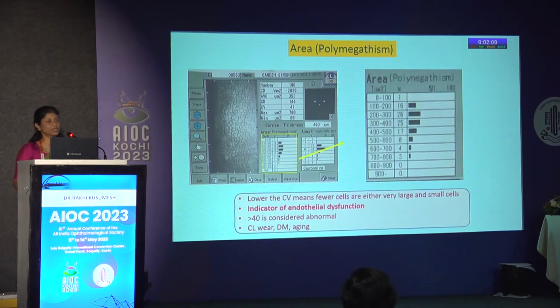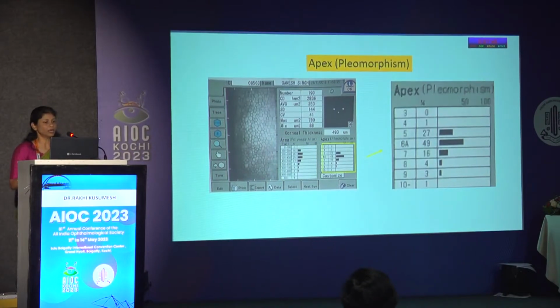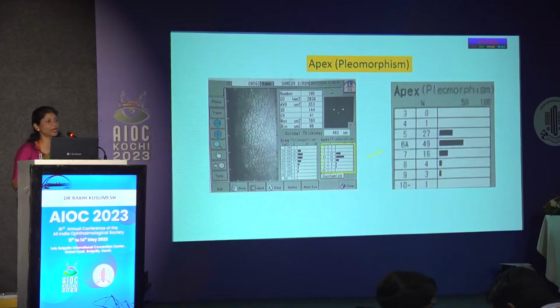If the cell area has a lot of variation from the mean cell area, the standard deviation is very high, and in that case the CV would be rising. If CV is more than 40, or even 30, you can consider that something is happening inside the endothelium, and you should check it with clinical examination. Similarly, pleomorphism is where a variety of cell sizes is present.